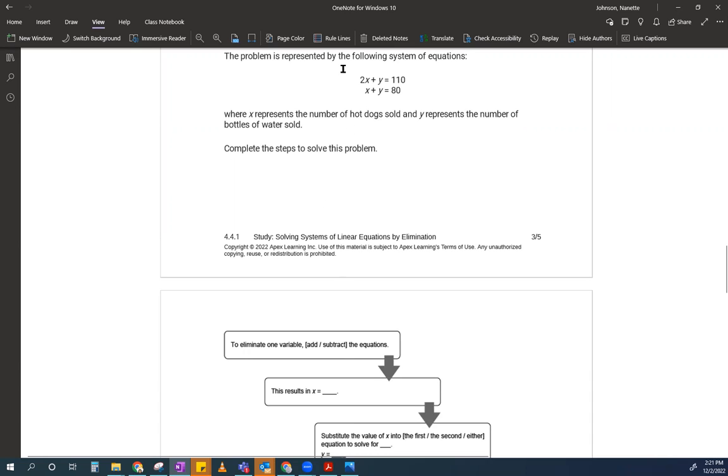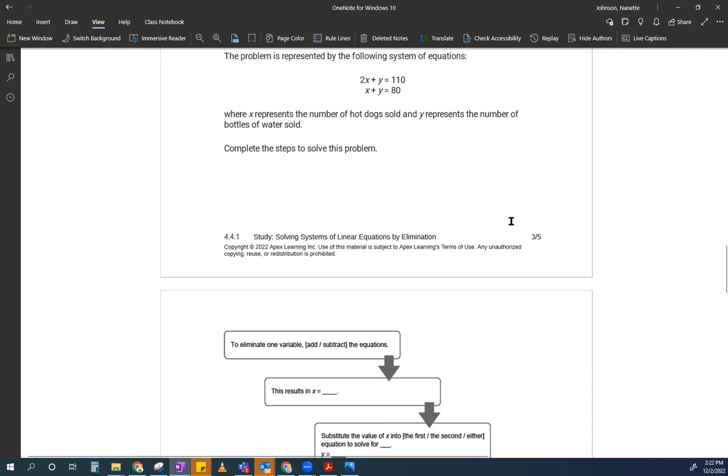Okay, so then they want us to do that. So I'm going to subtract these two equations. And remember, when I subtract, I change the sign of everybody. Oops, I did that wrong. So I'm going to change the sign of everybody. So that's negative x, negative y, and negative 80.